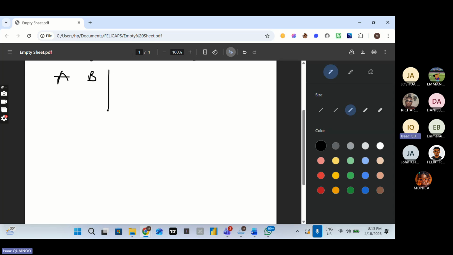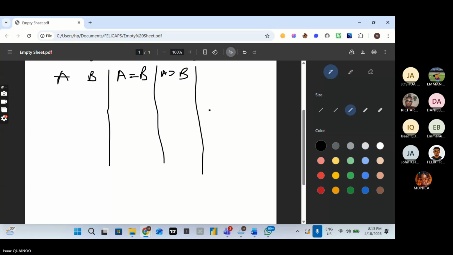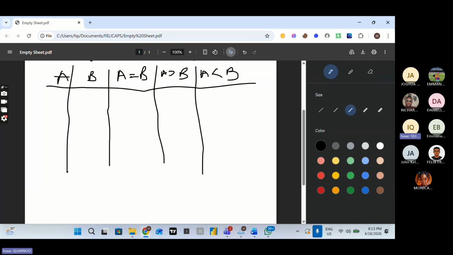With these two inputs, we are going to have outputs A equals B, A greater than B, and A less than B. These are the three outputs, and these are the two inputs that you can have.